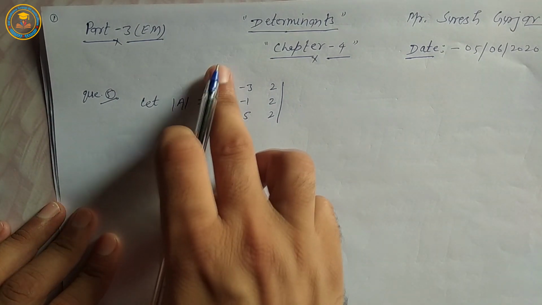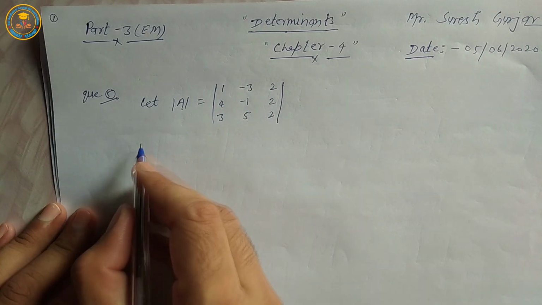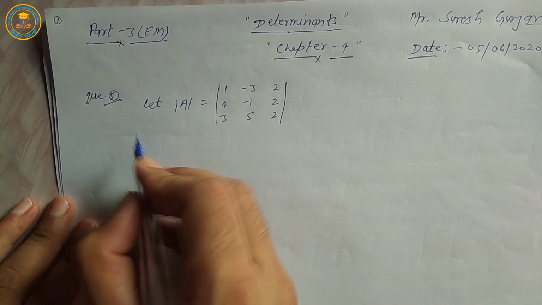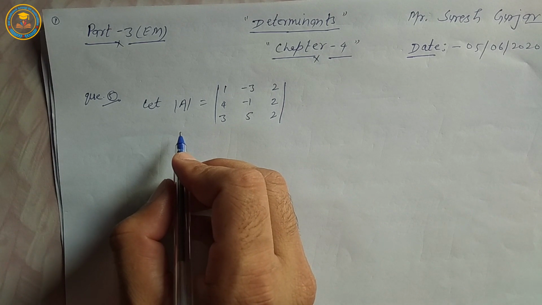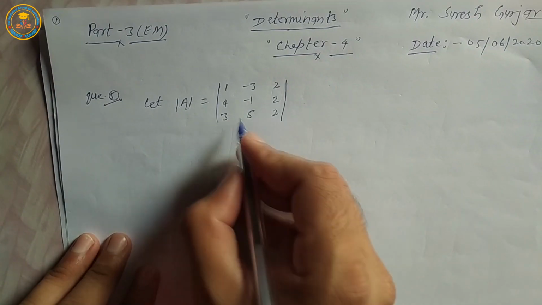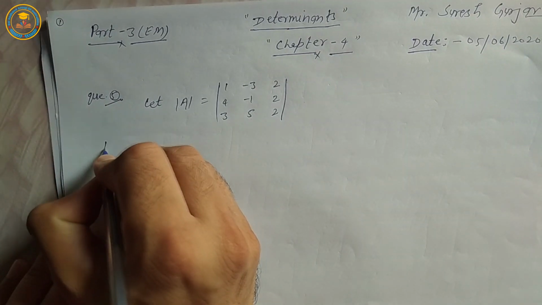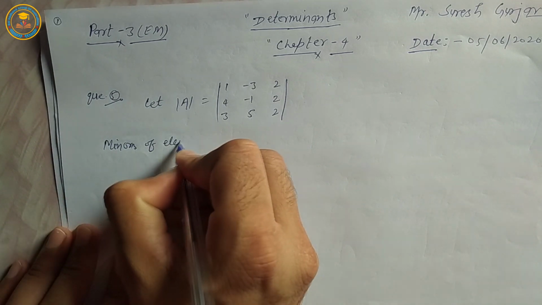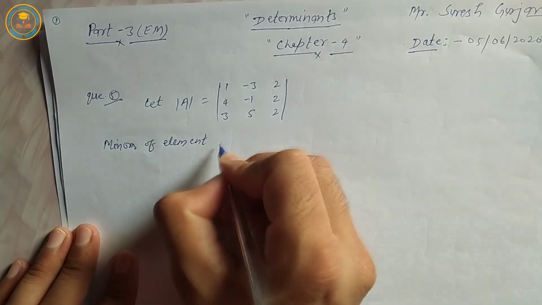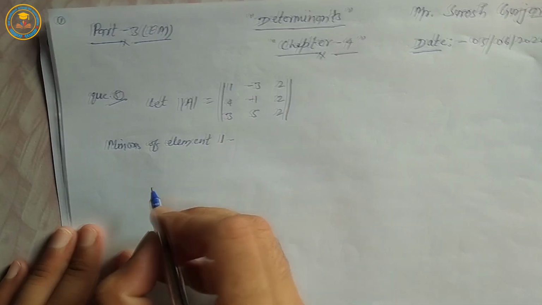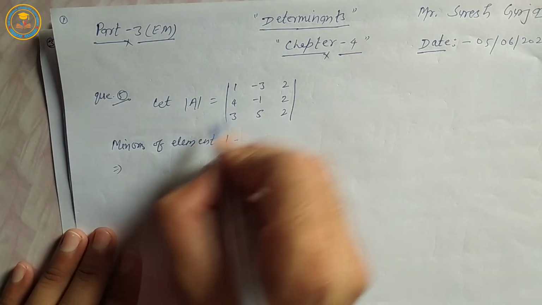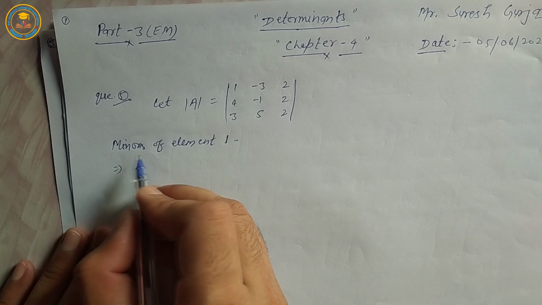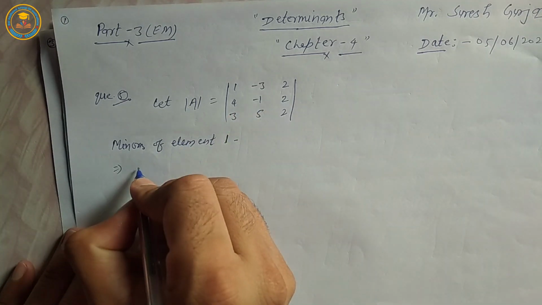Minors of the first column. Minor of element 1 is denoted by Mij.